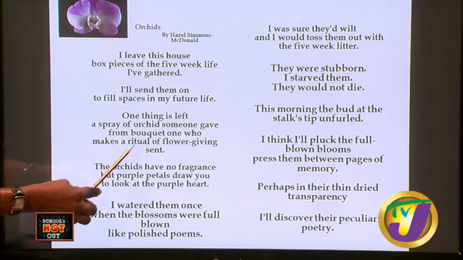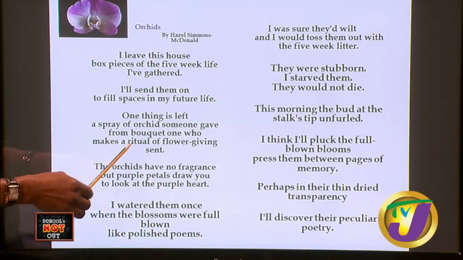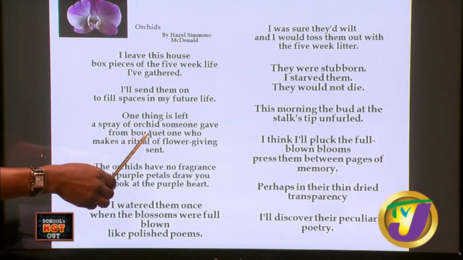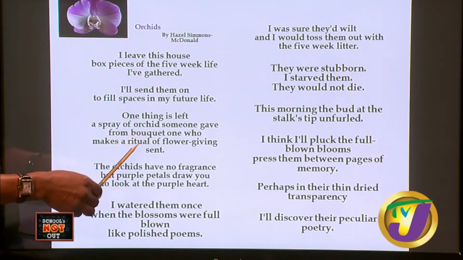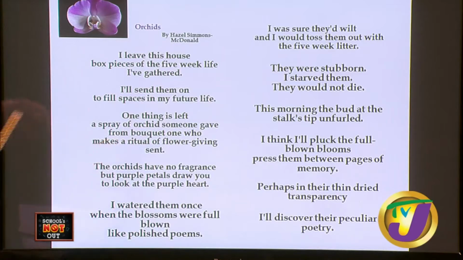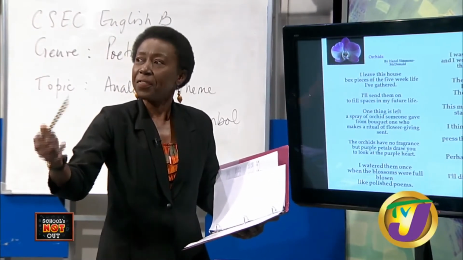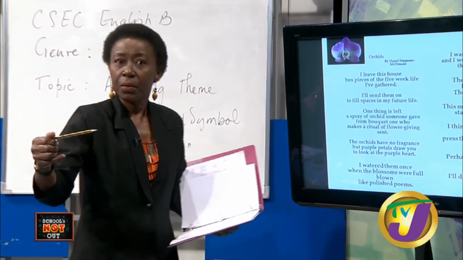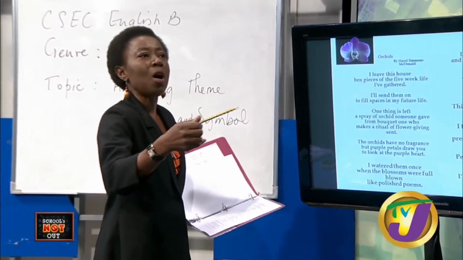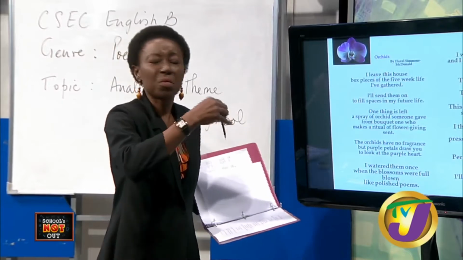Makes a ritual. Someone gave a bouquet and this person makes a ritual. If something is a ritual, it is something that you would normally be doing all the time, not necessarily thinking about it. It becomes almost without feeling.